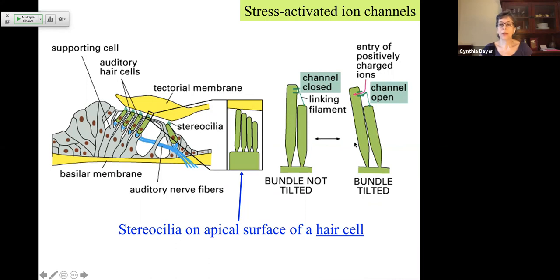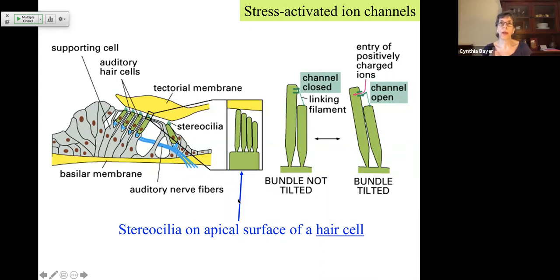That change in membrane potential is an electric signal. And notice that all of these hair cells are attached on their basal surface to some neurons that are part of the auditory nerve.